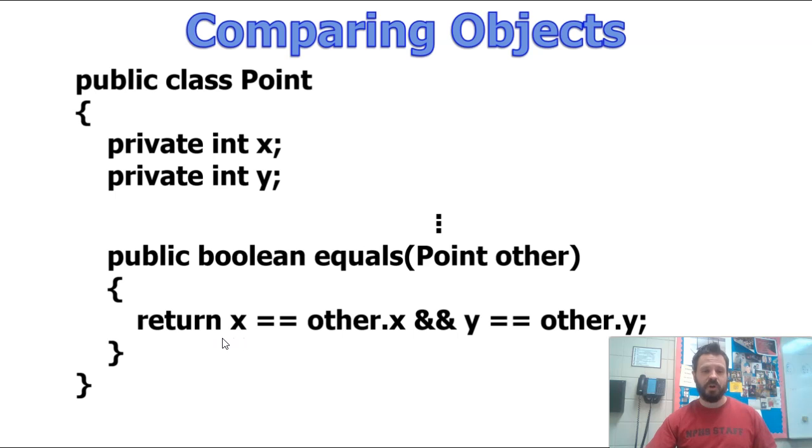And then we'll return if x, as in this object's x, is the same as the other object's x, and this object's y is the same as the other object's y. By creating that as our equals method, any two objects that have the same x and y are going to come out equal to each other. That would evaluate to true when we use the dot equals method.